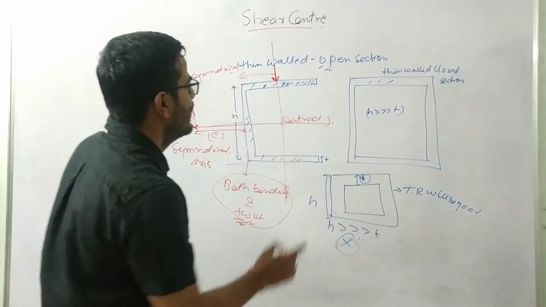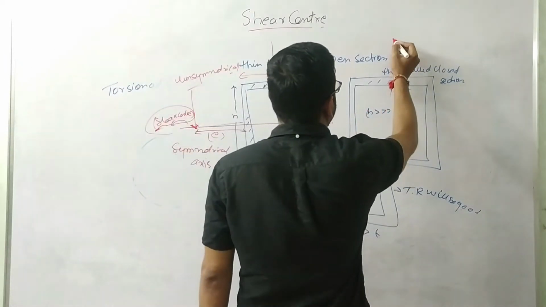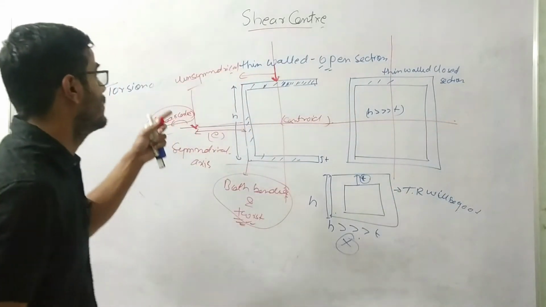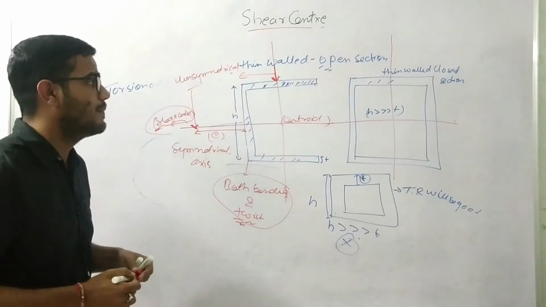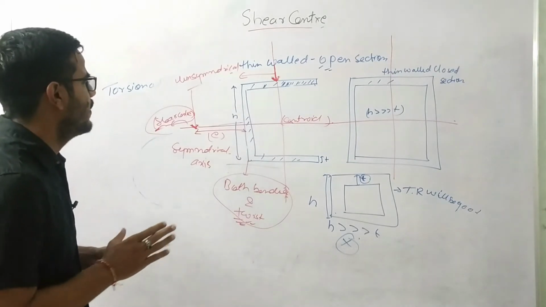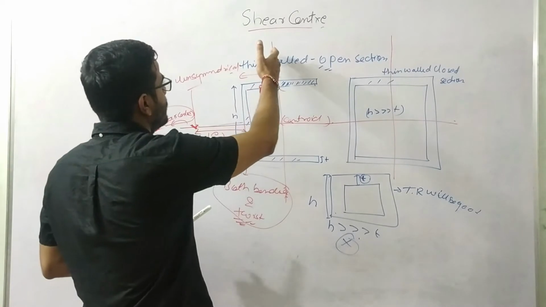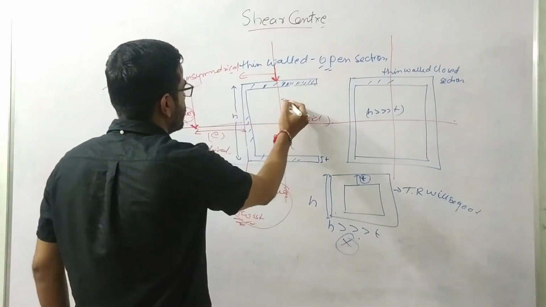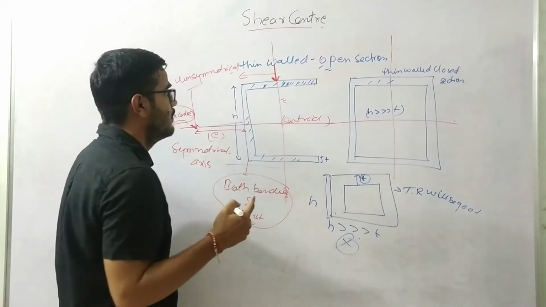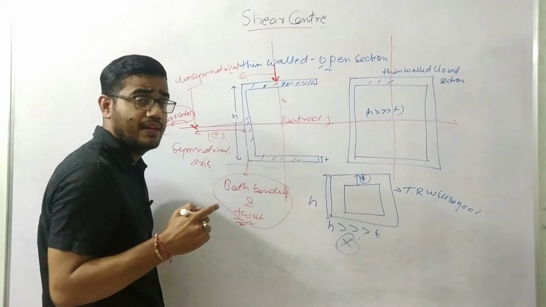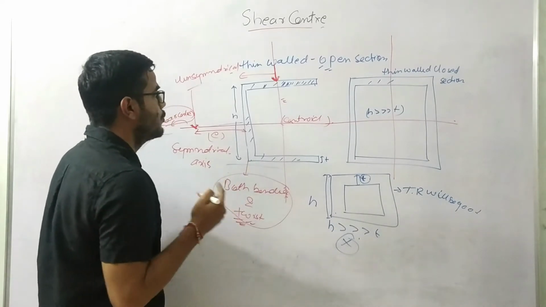Similarly, in case of thin walled cross sections, generally we study the shear center for thin walled open sections. Why? Because if our load is applied along an axis about which the structure is not symmetrical, then those cross sections will have both twisting and bending.